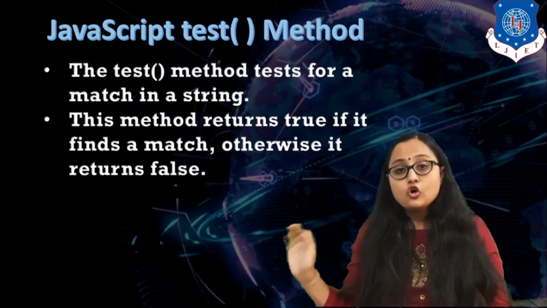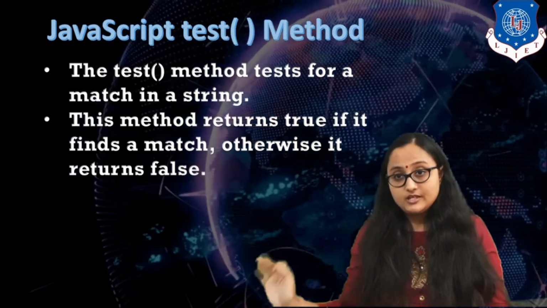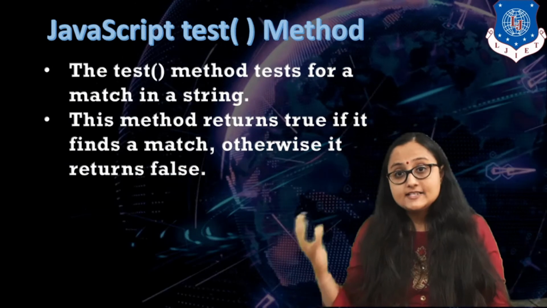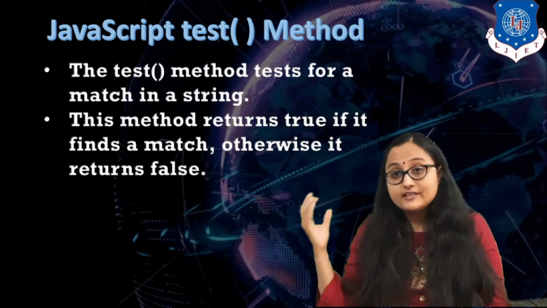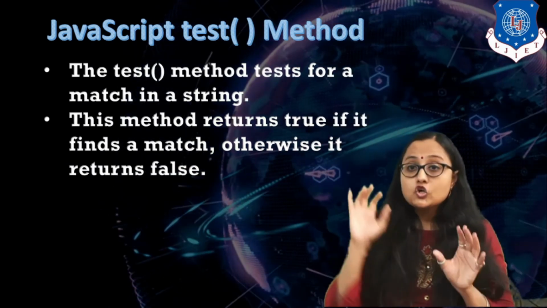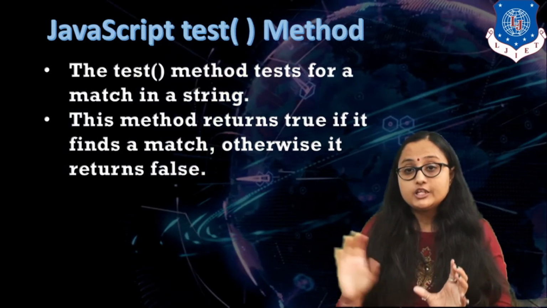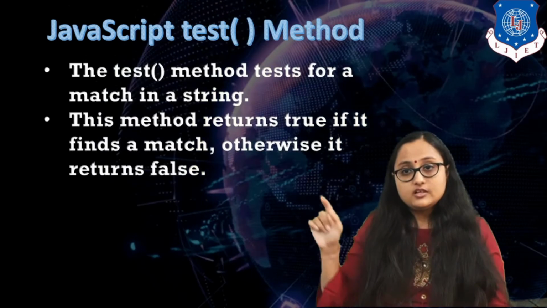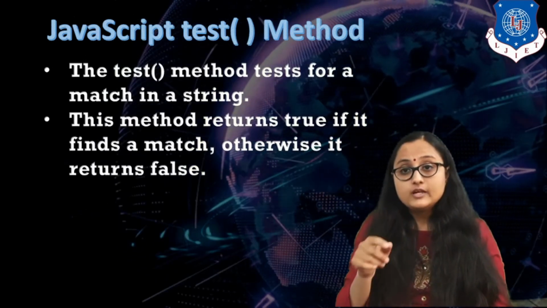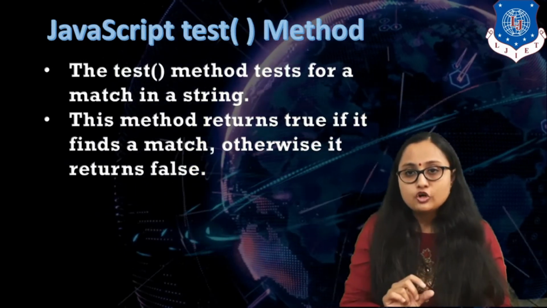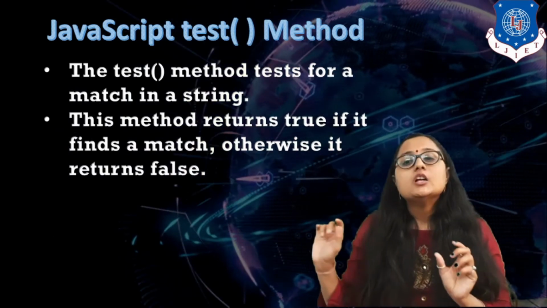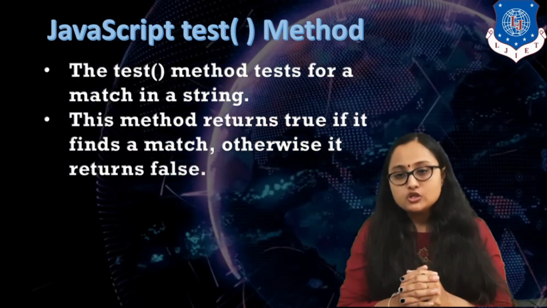I can call the test method and check whether an existing string of characters is according to the pattern that I have created or not. If there is a match, the test method returns true, and if the string is not according to my pattern, then it returns false.